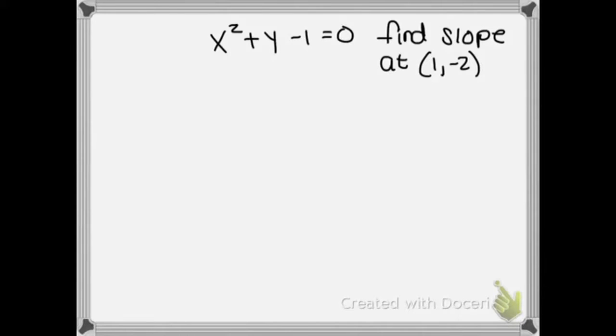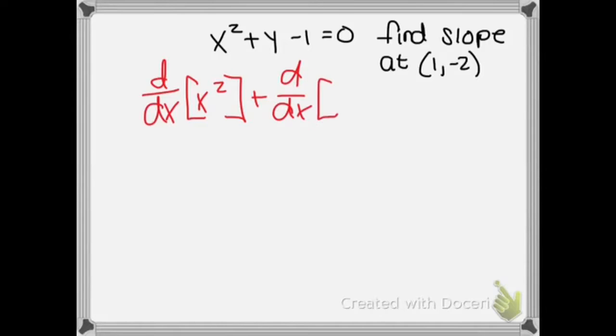So I'm going to show you how to solve this problem implicitly. First thing that we have to do is we have to take the derivative of each factor. So we do d over dx of x squared plus d over dx of y minus d over dx of 1 equals 0.